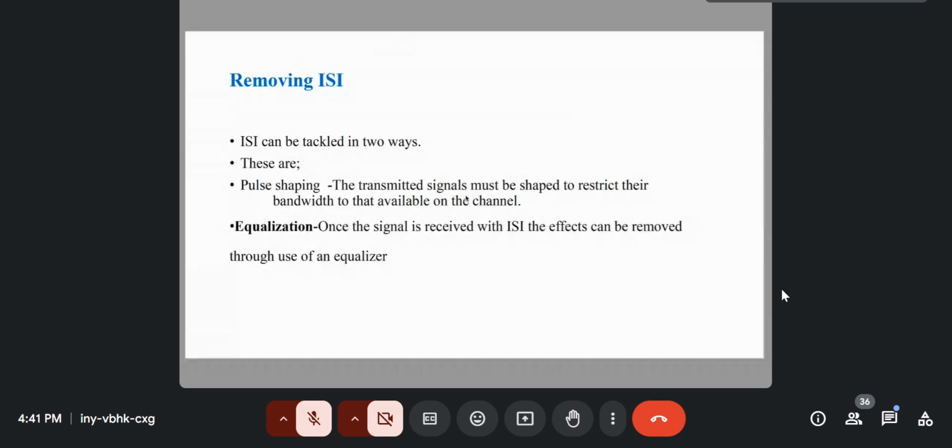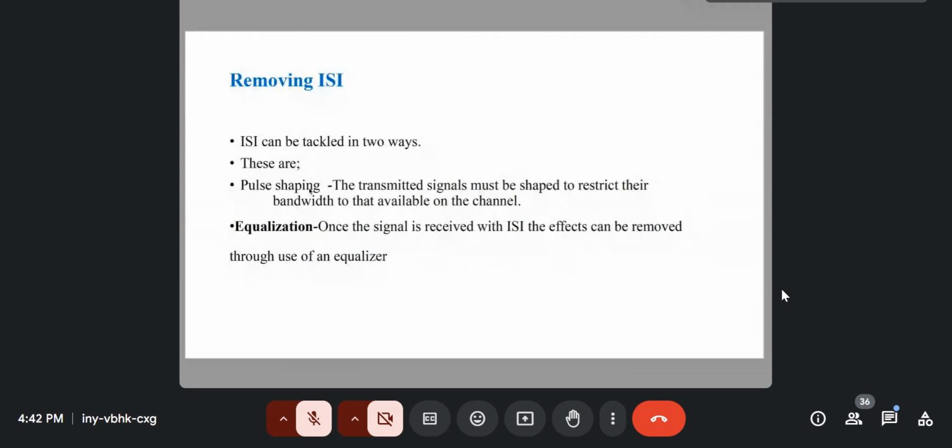We are seeing here that you can avoid ISI by pulse shaping. When we talk of pulse shaping, we're talking of pulse shaping at the transmitter.